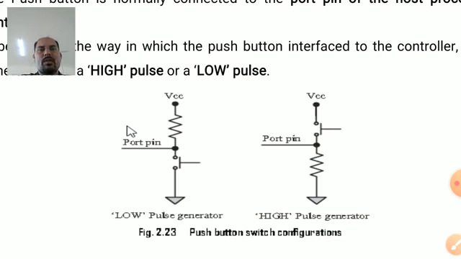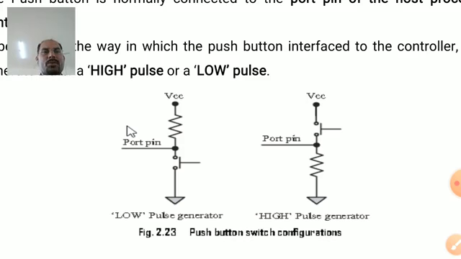It means that when the push button is not pressed, the port pin gets the value of VCC, that is logic 1. When the switch is pressed, VCC gets the path to the ground and all the power goes to the ground, hence the value of ground, logic 0, goes to the port pin. It means when the switch is pressed, low is going to the port pin.